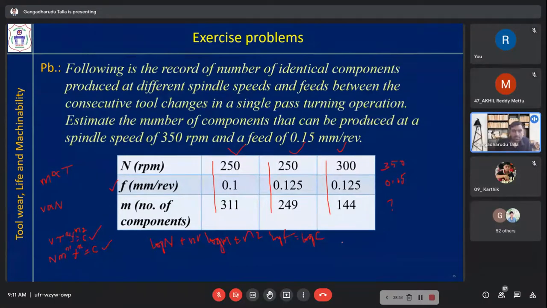Based on that, you can find what is log M, what is log F, what is log C. Then you will take the anti-logarithm, that is M equal to e power something.